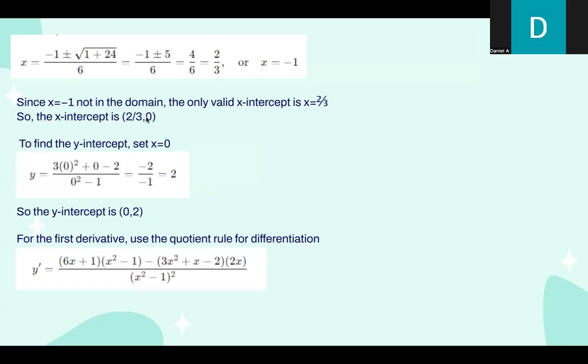Since x = −1 is not in the domain, the only valid x-intercept is x = 2/3. So the x-intercept is (2/3, 0).